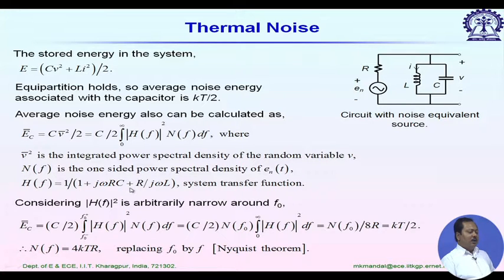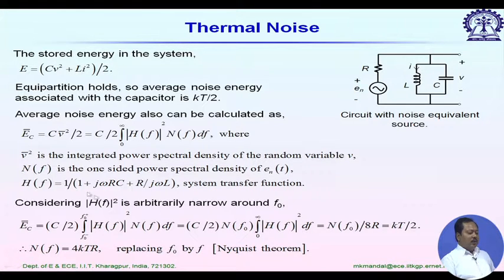Now we are considering the normalized value kT per unit hertz, but we have a finite bandwidth here. So we can arbitrarily narrow down this transfer function around a midband frequency, let us say f0. The integration limits will be chosen from f0 minus to f0 plus, and we consider the bandwidth to be very narrow so that H(f) is more or less constant. Then N(f) is represented by a constant value at f0, N(f0), and it comes out.